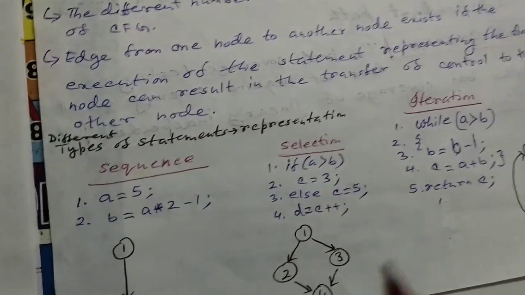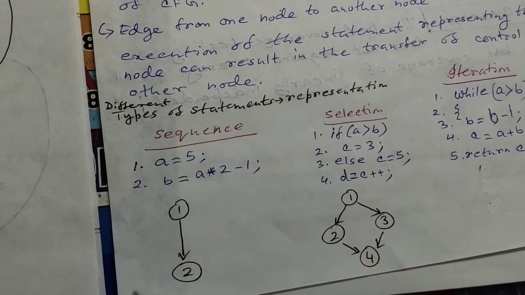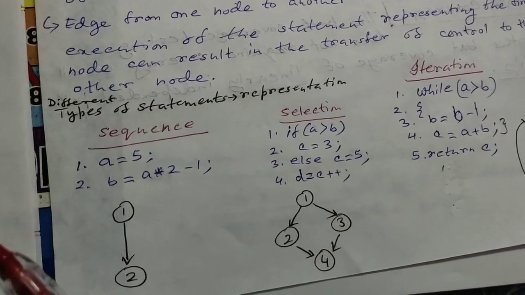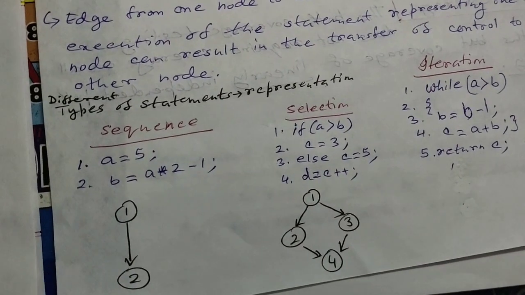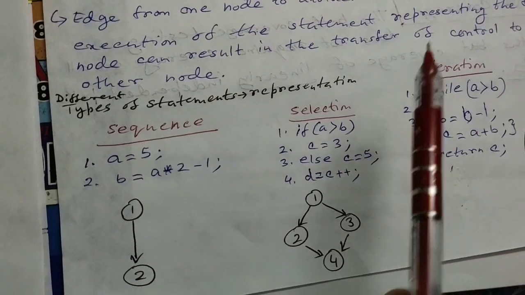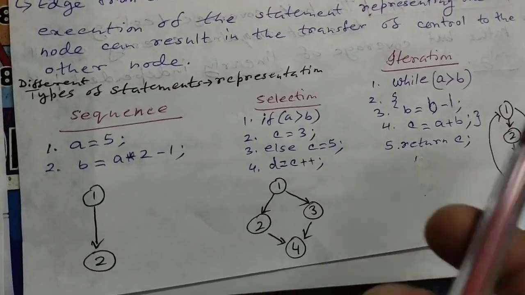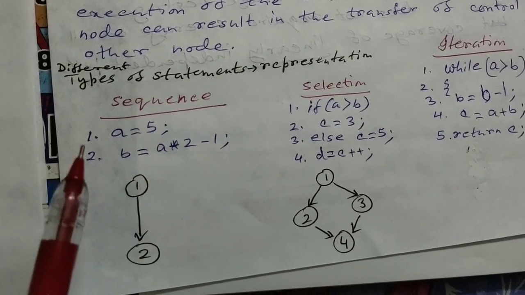Next, different types of statement representation. There may be sequential statements, there may be if else statements, that is decision, and then there may be iteration or loops. So how to represent a sequence?